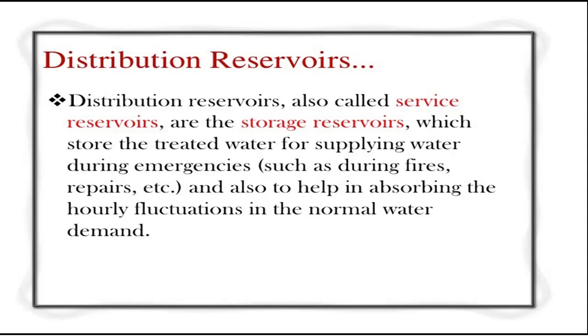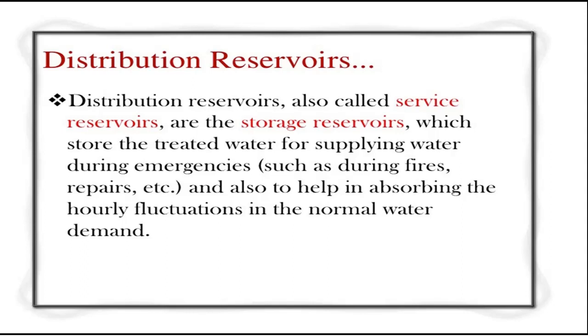It should not so happen that the other colony is not getting the water, or if some water industry is there and they are drawing a large amount of water, and you people, domestic people, are not getting the water. This should not happen. But you cannot estimate these things.